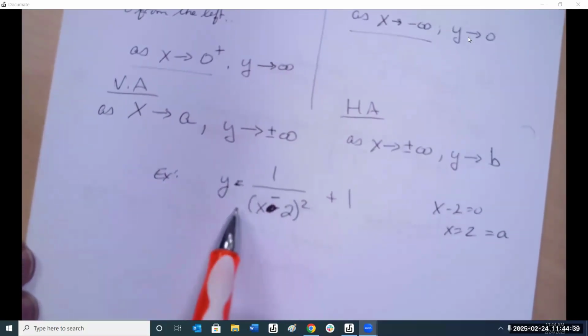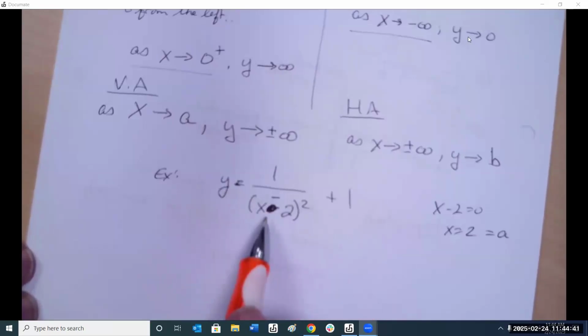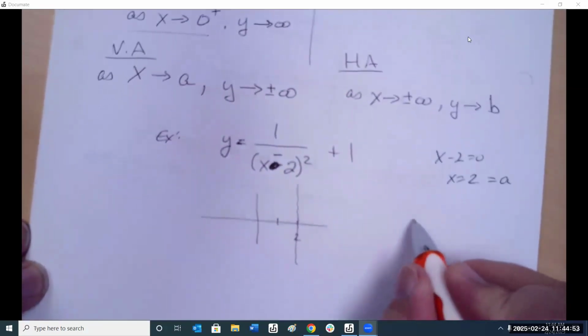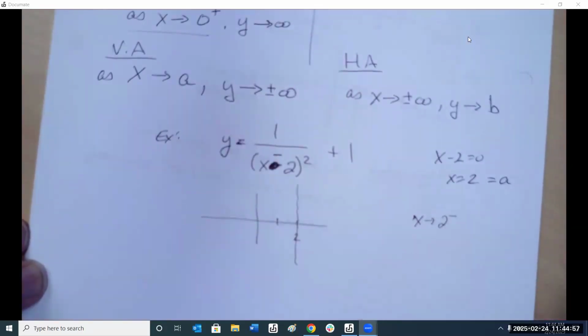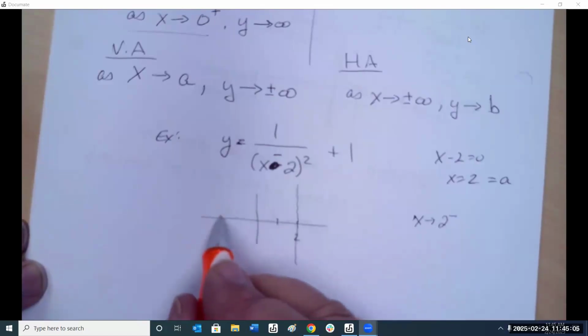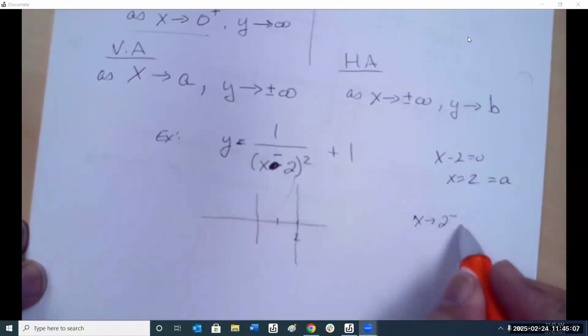So as I get closer and closer to 2, where's my graph going? As my x approaches 2 from the left, where's this graph going? Positive infinity.